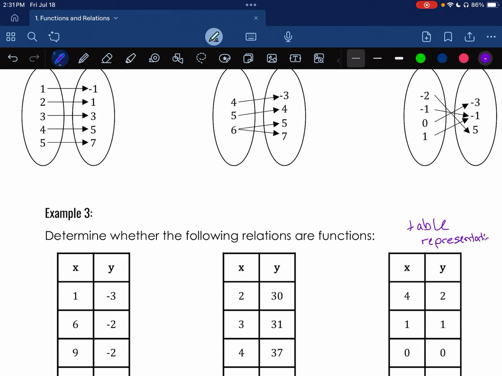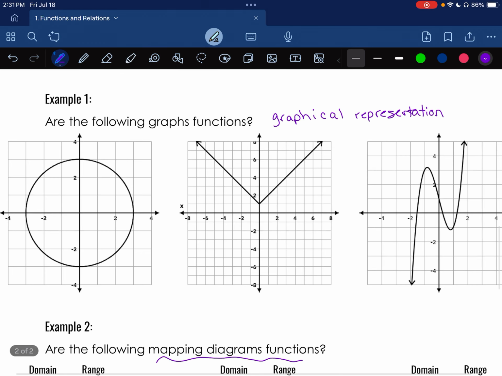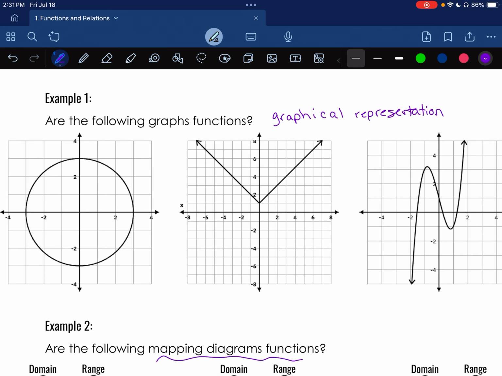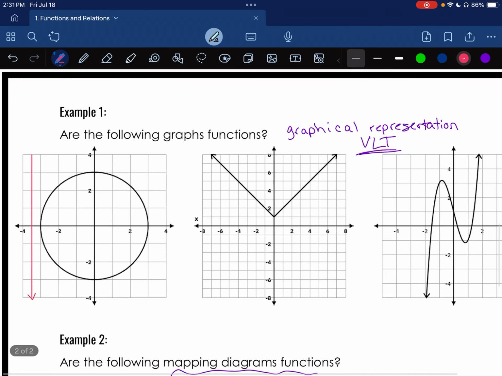All right, so here we go. Anytime you see a graph, we are thinking vertical line test, okay? So what I'm going to do is draw myself a vertical line, and we're going to run it along this graph.